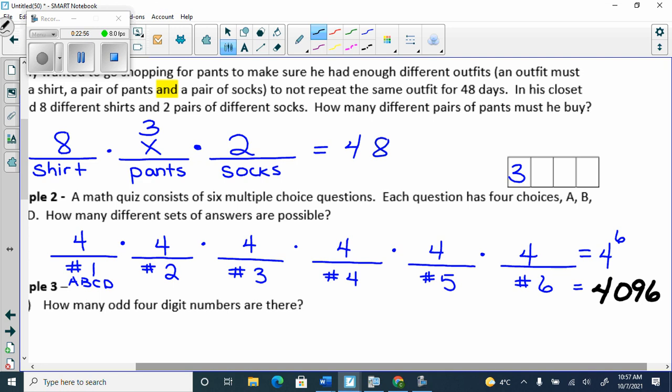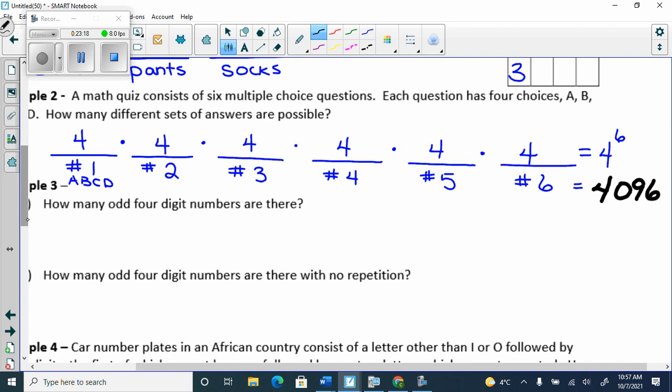Still a high number. 1 in 4,096 chance. You still have a really low chance of getting 100%, right? Because there would be 1 correct answer key there, so you'd have 1 in 4,096 chance of guessing all of the answers correct on that 6 question quiz.